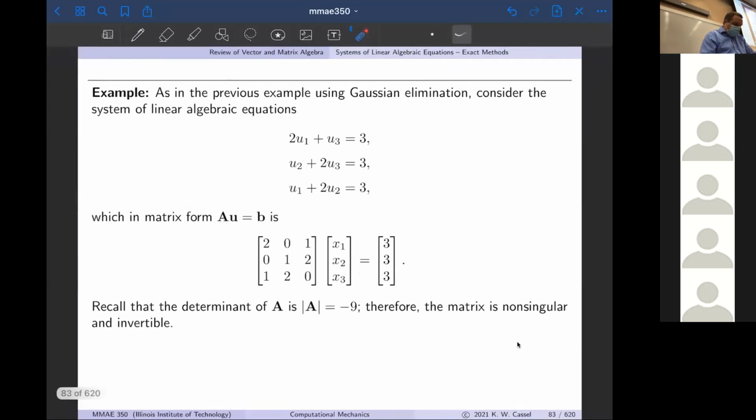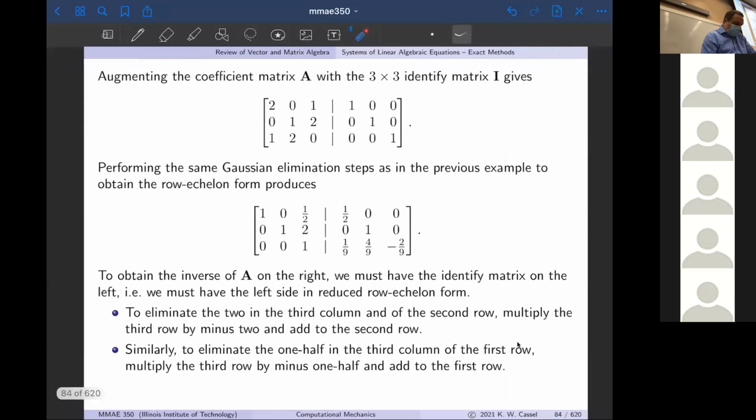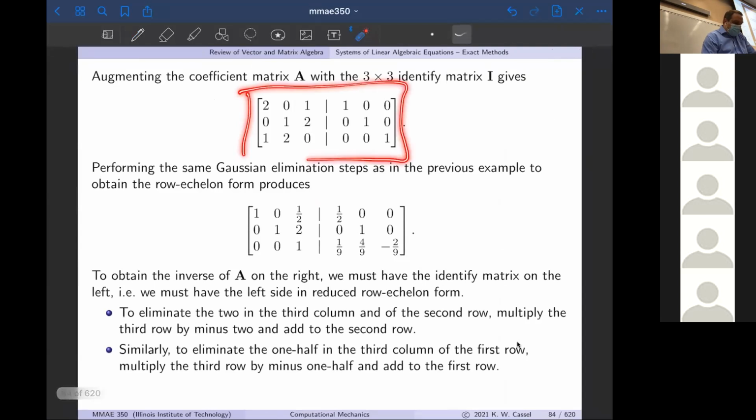So for the same system of equations as we had in the last example, which was solved using Gaussian elimination, in order to get this inverse, you simply augment it with the identity matrix. This is the same A as before, but rather than augmenting it with B, you augment it with I, the 3x3 identity matrix.